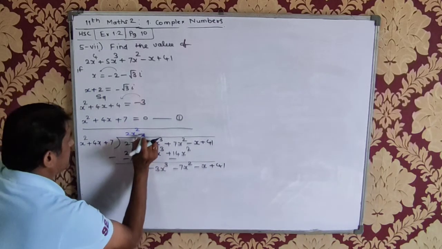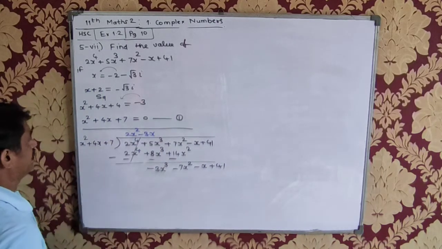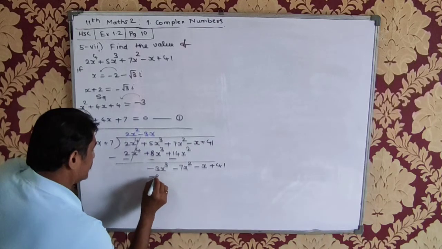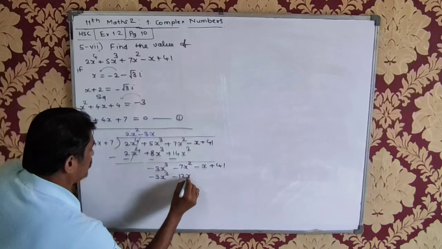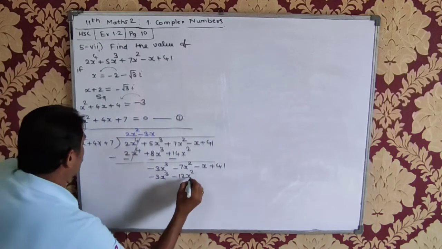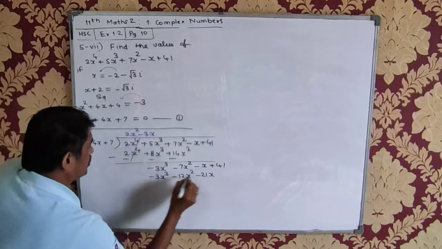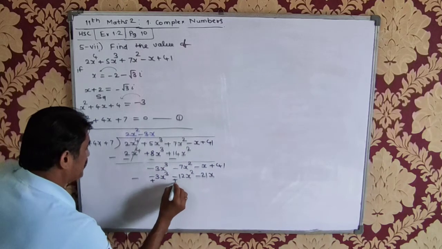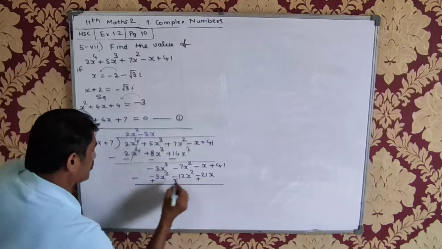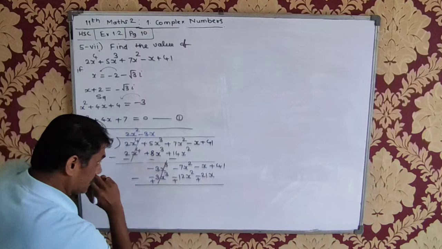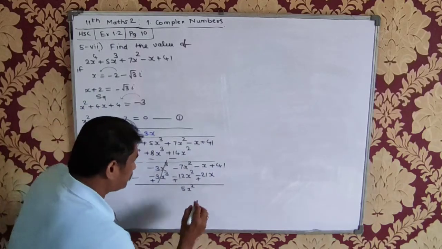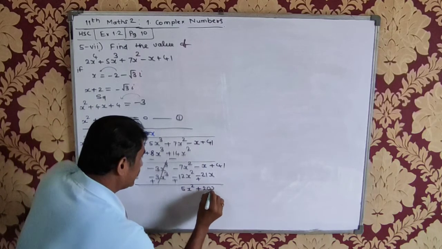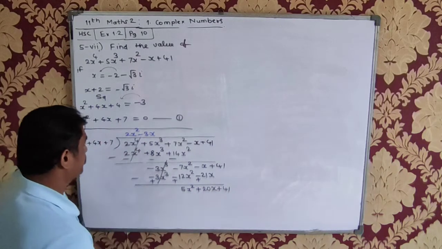Multiply: minus 3x cube, minus 12x square, minus 21x. During subtraction, all the signs are going to change. So it will give me 5x square, 20x plus 41.